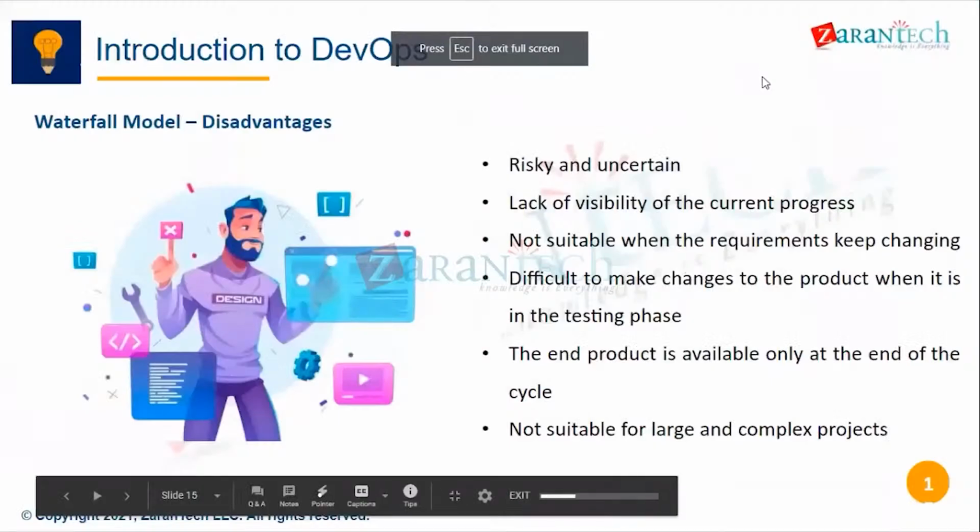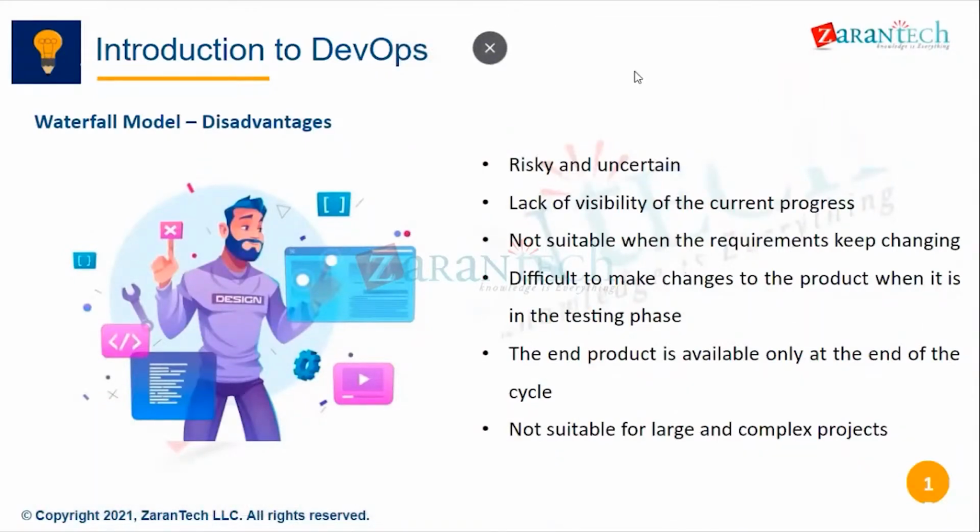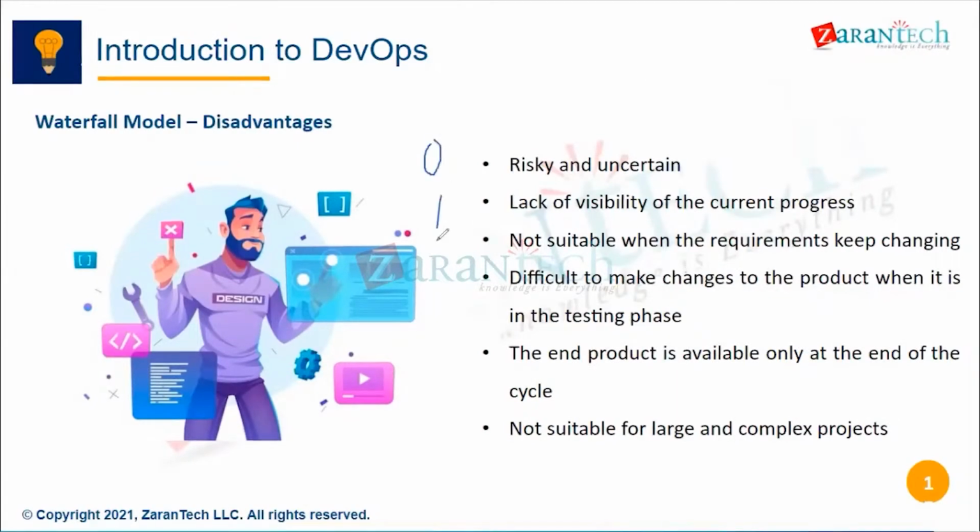So if these critical engineers are being missed, definitely it's a huge miss, right? So what happens again in BDTR, business analysts, developers, testers, and release engineers? So 0, 1, 2, 3.